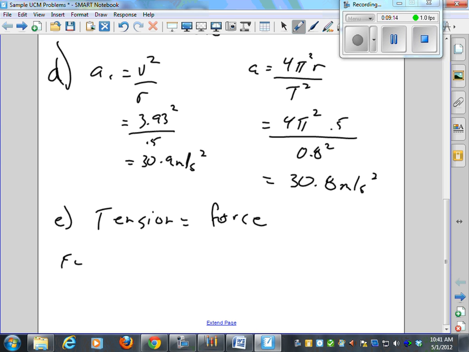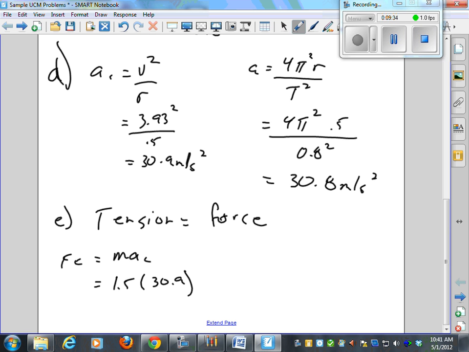You could say Fc is equal to mass times acceleration, ma. In other words, take the mass. What was the mass here? 1.5 times your 30.9.